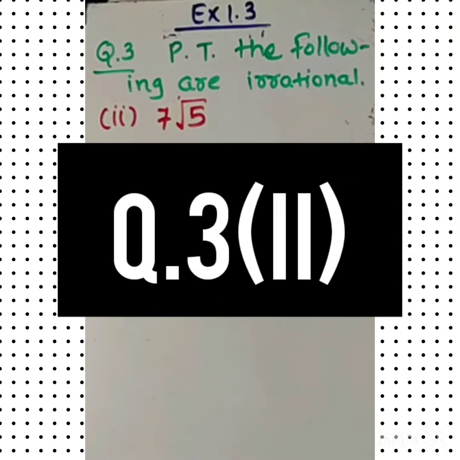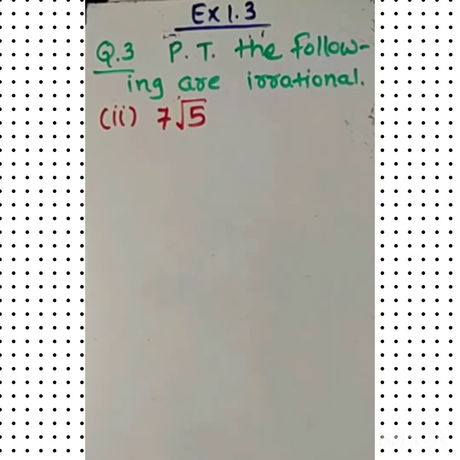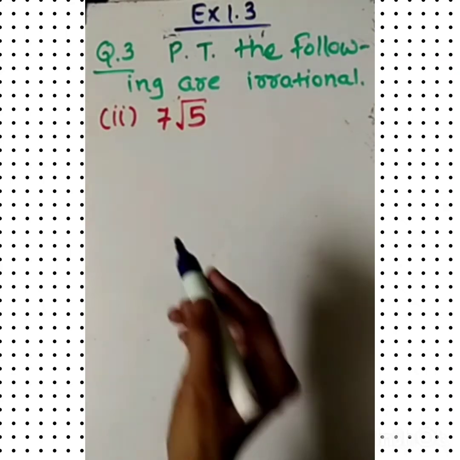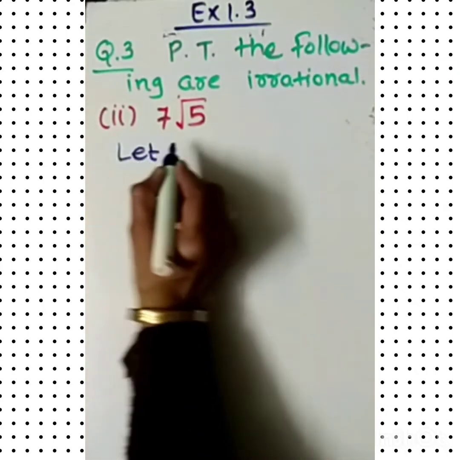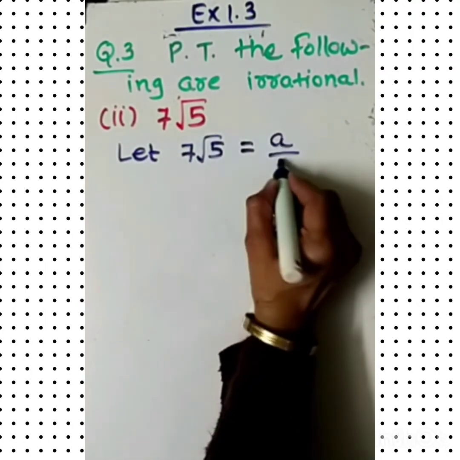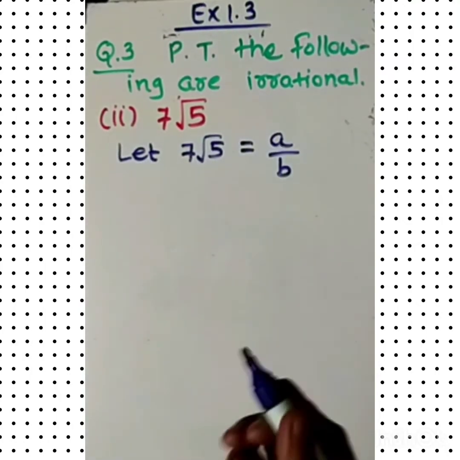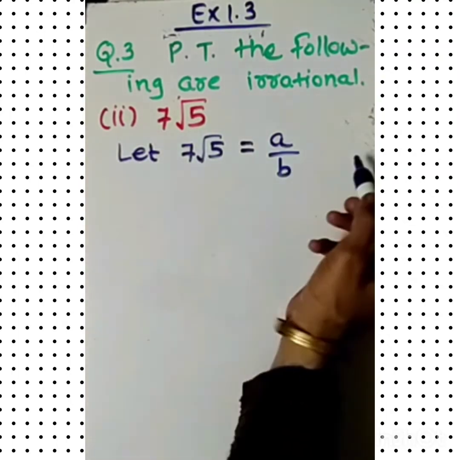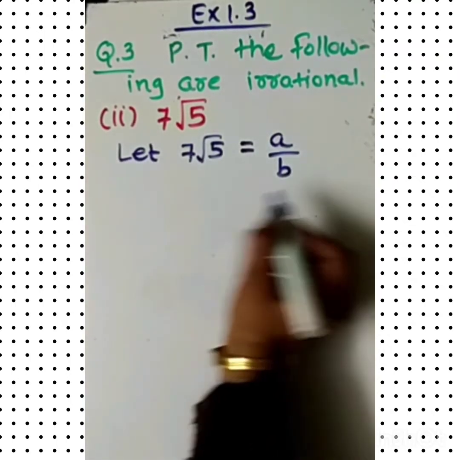Okay, now we will see the second, 7 root 5. Same procedure as we did in that. Let's take 7 root 5 equal to a by b. We are comparing with a by b, because we are assuming it is a rational number. A by b means it is a rational number.